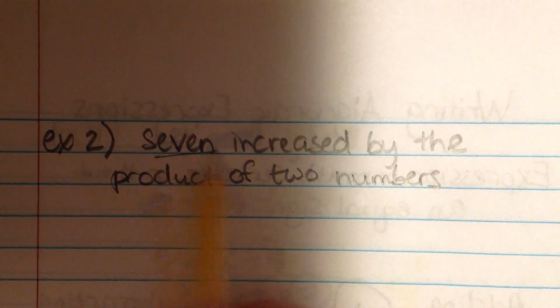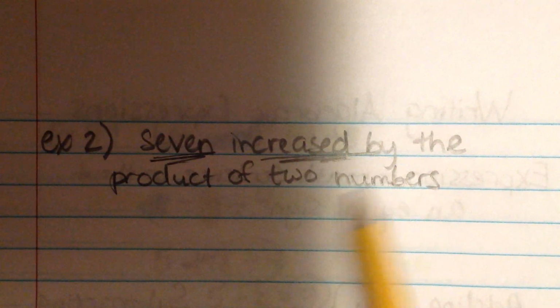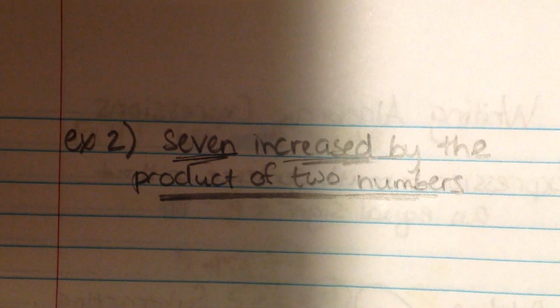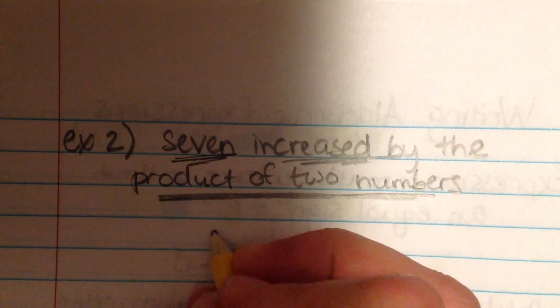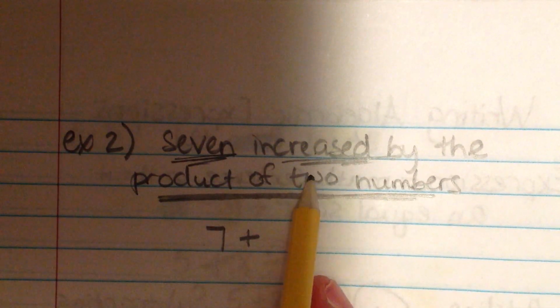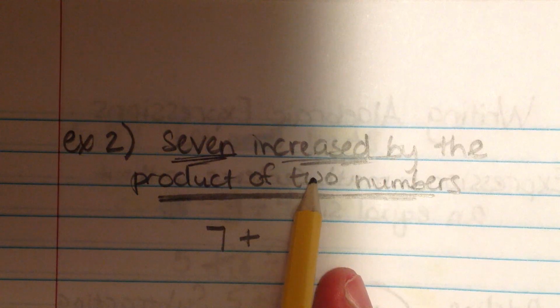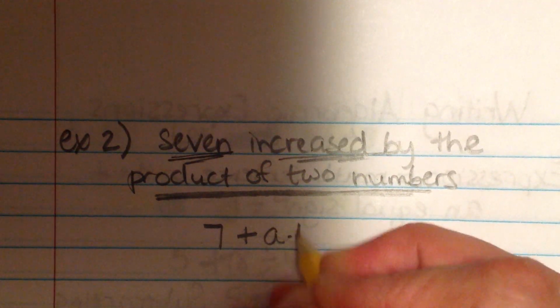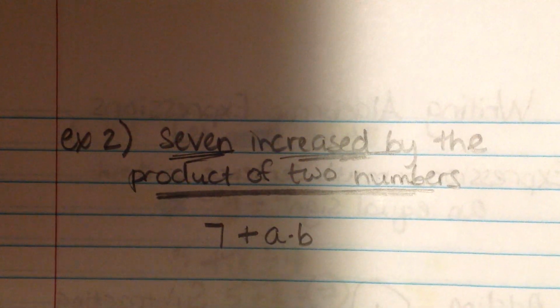I see 7, increased by, and then the product of 2 numbers. So increased by means adding. So I'm going to start with 7. Increased by is plus. The product of 2 numbers. Now I don't know what the 2 numbers are. Those I will pick variables for. So the product of 2 numbers, let's choose a times b. Product means multiplying.